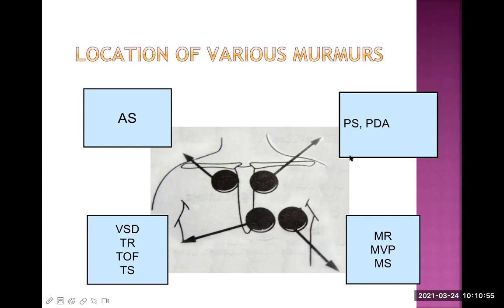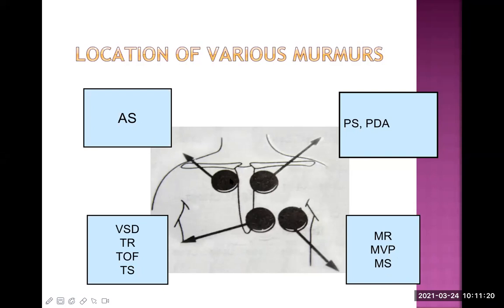So these are the different cardiac conditions leading to murmurs in these areas. Pulmonary stenosis and PDA murmurs are heard in the pulmonary area. Mitral regurgitation, mitral valve prolapse, and mitral stenosis murmurs are heard in the mitral area, of course.